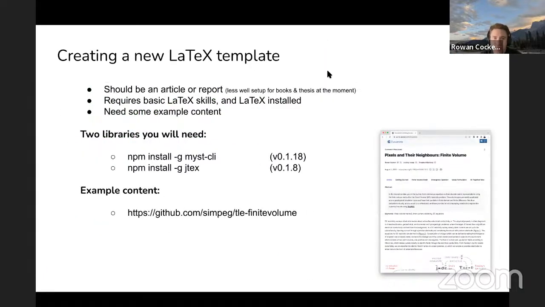Awesome. Okay, so to create a new template, right now we're mostly focused on single articles or reports. We're definitely going to be expanding that scope into books and academic theses in the future, but right now we have a little bit less support for multi-article export, so the PDFs are focused on single documents, either an article or a report, even though it can import content from a Jupyter notebook, for example.